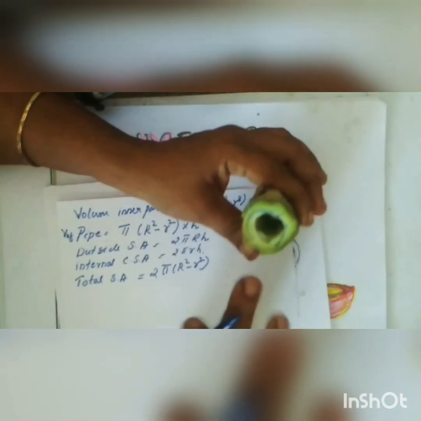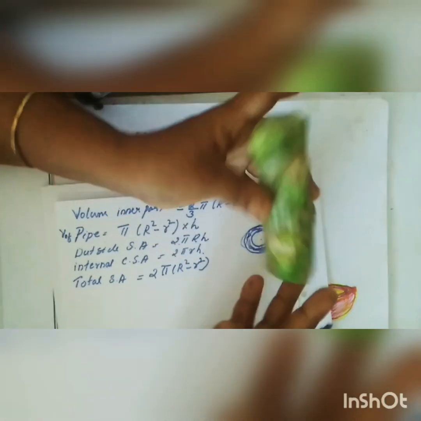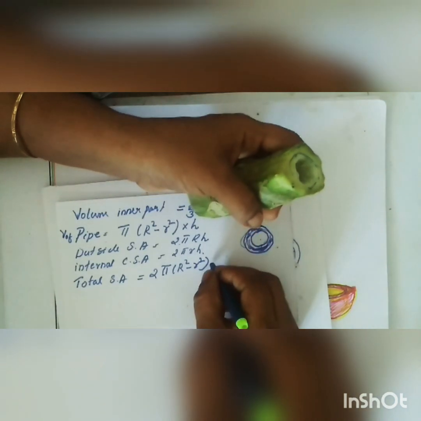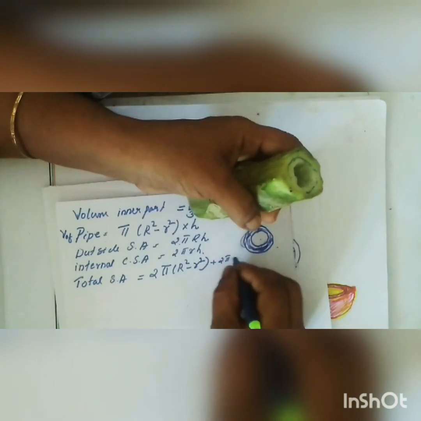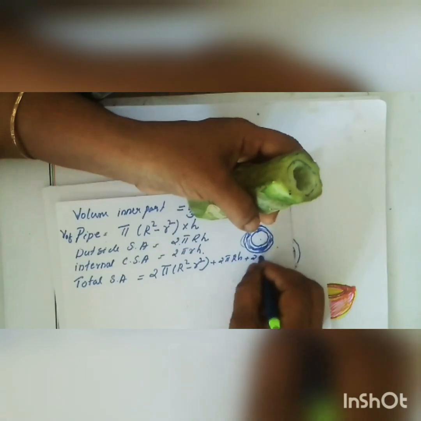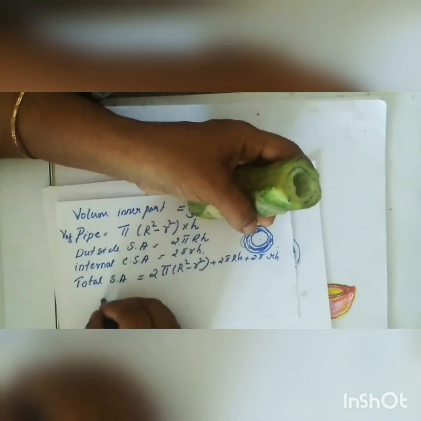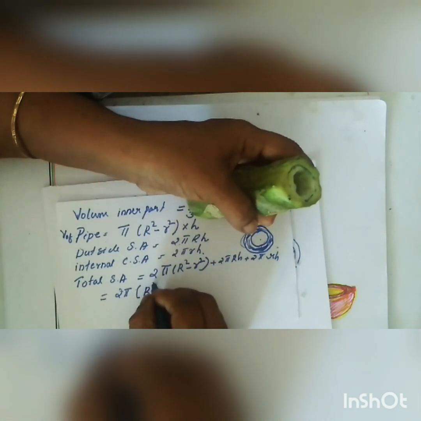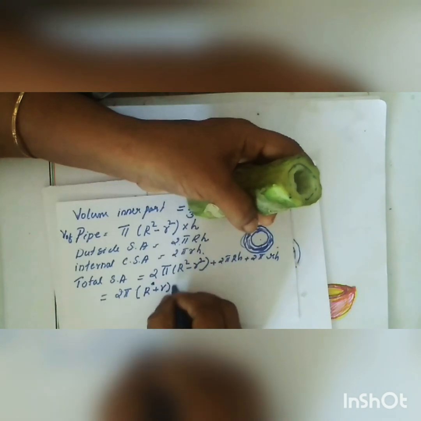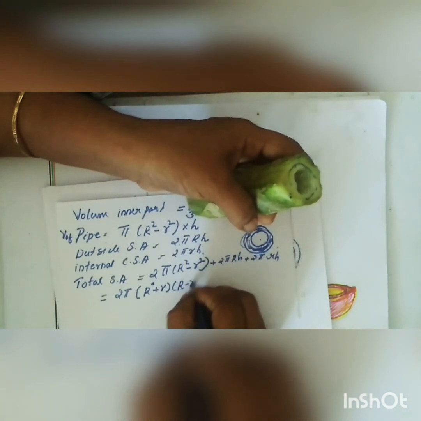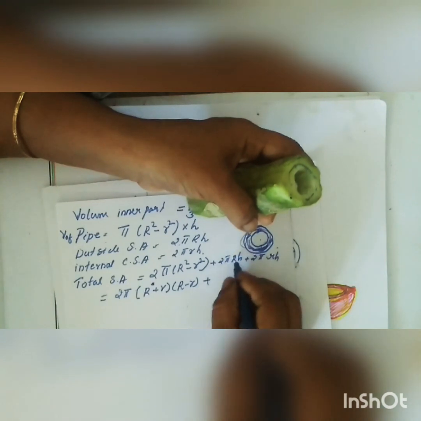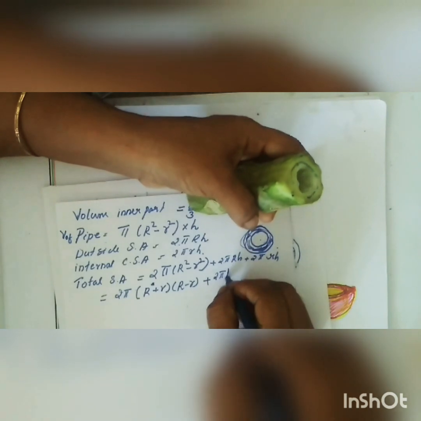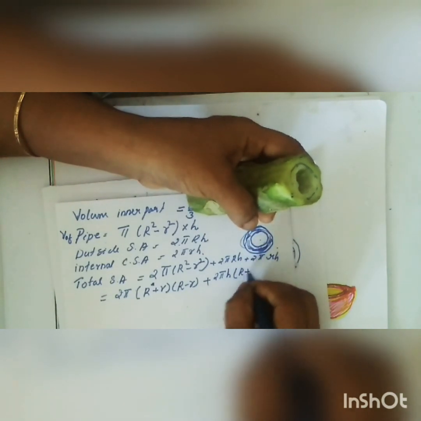And for getting surface area, 2 into this area, that is bottom side and top side, 2 pi capital R square minus small r square, plus 2 pi capital R h plus 2 pi small r h, equal to 2 pi into R square minus r square, which can be factorized in this way, plus from here you can take 2 pi h as common, then R plus r.